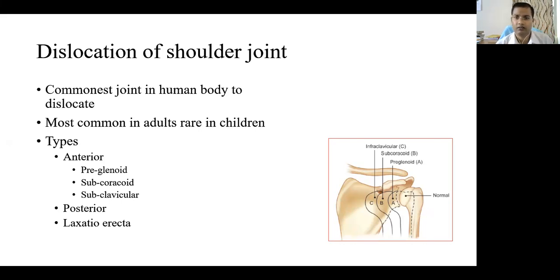You should understand the difference between preglenoid and subglenoid. Preglenoid is anterior to the glenoid, and subglenoid is just below the glenoid, due to the muscles of the rotator cuff becoming lax or relaxed.